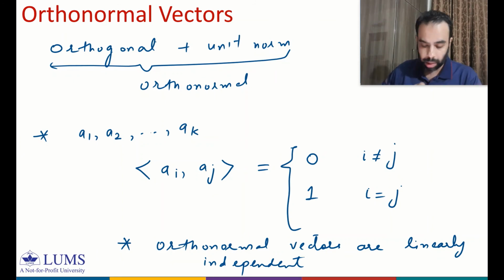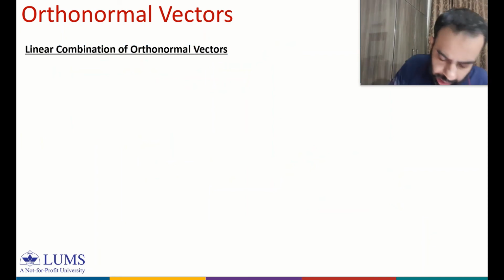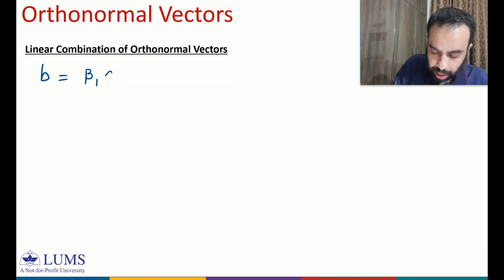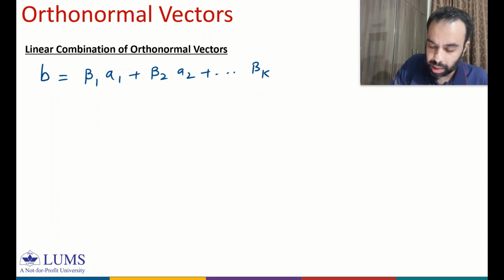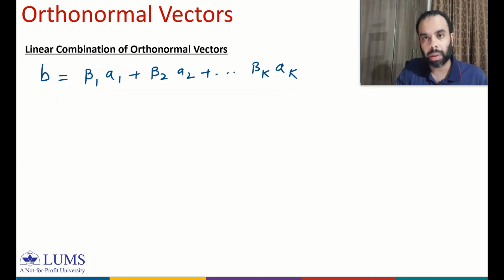To answer this question, let's talk about representing any vector in Rn as a linear combination of orthonormal vectors. So say we take a vector b and we represent this using k number of orthonormal vectors a1, a2, ak. This is a representation of b in terms of orthonormal vectors.